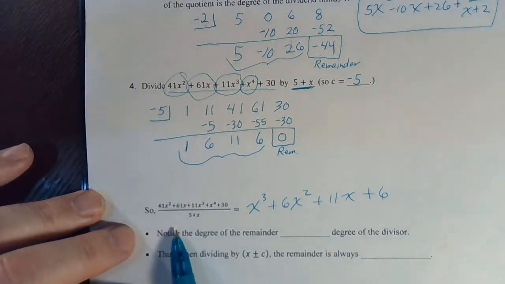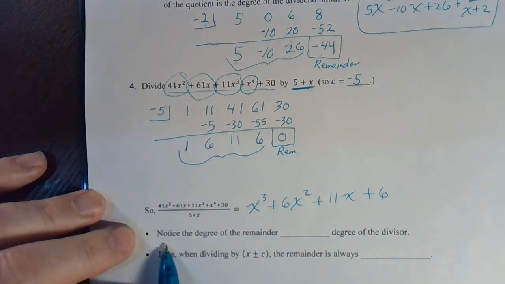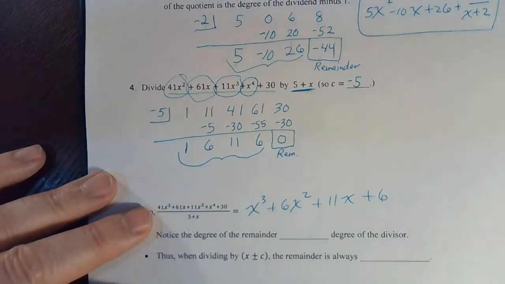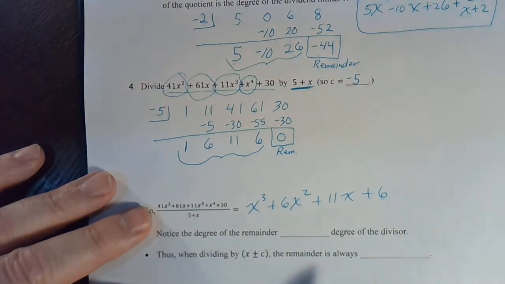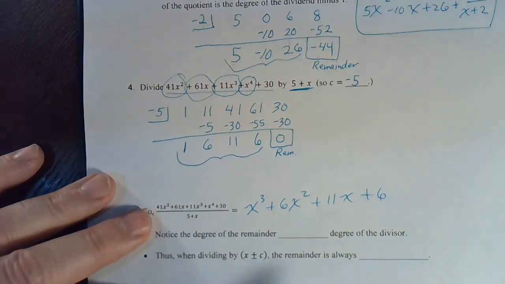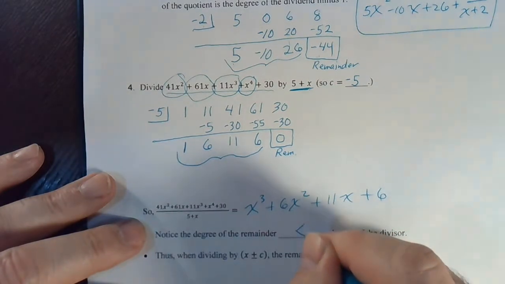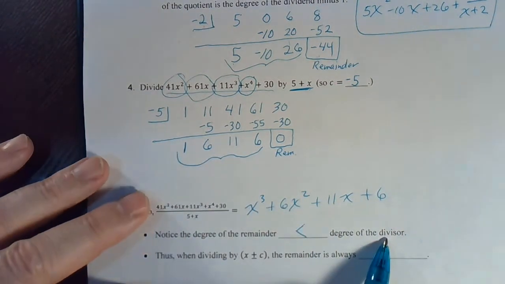All right, so as I've mentioned before, notice that the degree of the remainder, well, if there is a remainder, there was no remainder here. But notice the degree of the remainder is obviously less than the degree of the divisor.